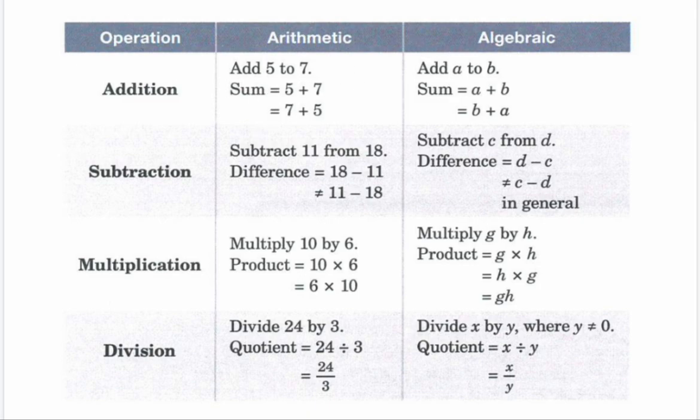Okay, so there are special words or vocabulary that you'll need to remember for addition. When we are talking about addition, we could just simply say add A to B, or we could use that special word sum. Sum also says that we're adding the 2 numbers together. For subtraction, we could say subtract, or we could use the special word difference.